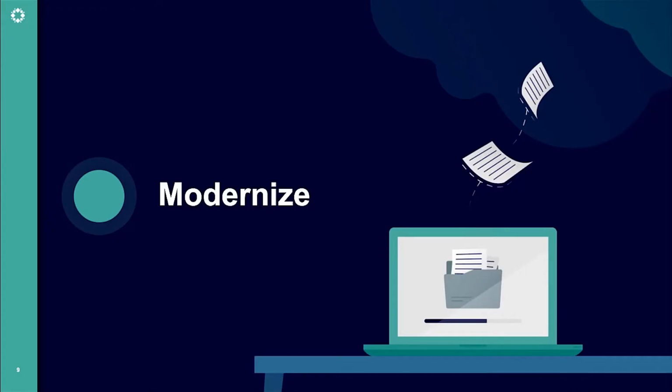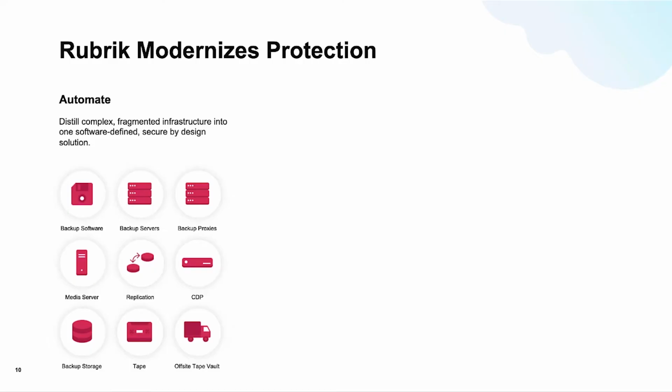So let's dive into modernization and automation a little further, and I'll start with our modern approach to data protection. One of the main reasons behind our success within this market has been that data protection, for the most part, has been somewhat stagnant, right?